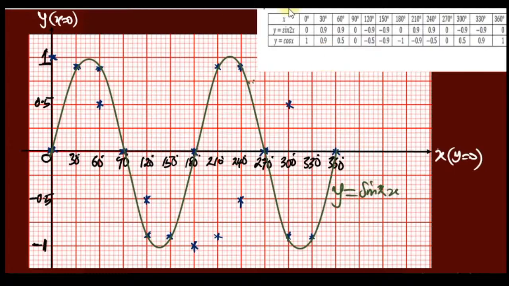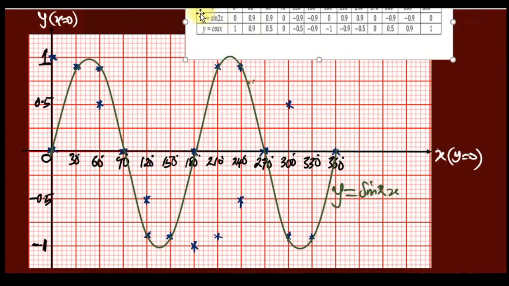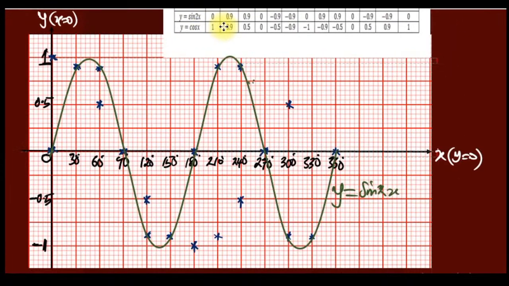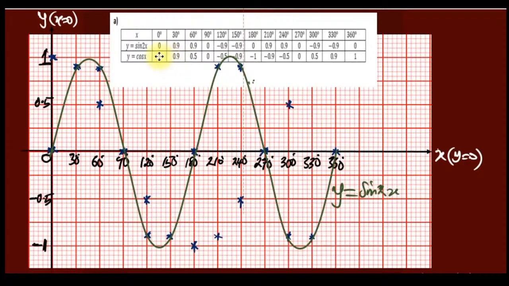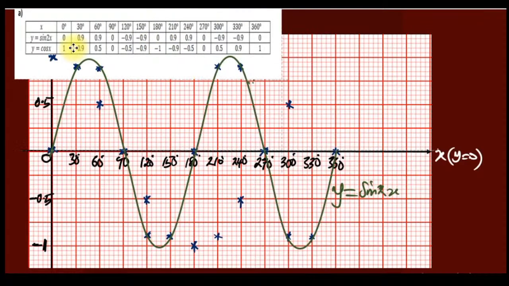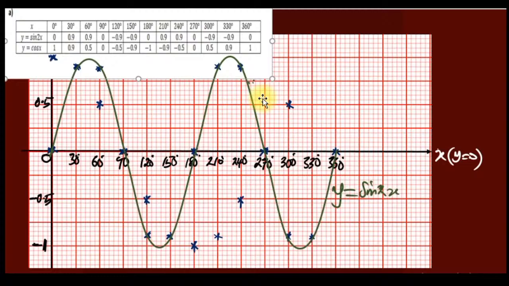For 330, 0.9 will be up. Let me move this to this side. So when it is 330, we have 0.9, which is 18 up: 5, 10, 15, 16, 17, 18.